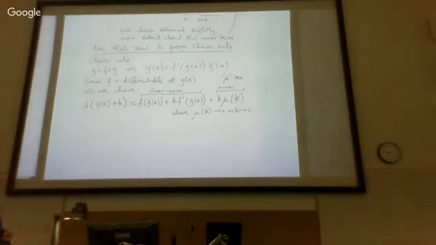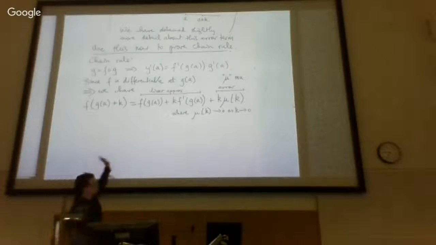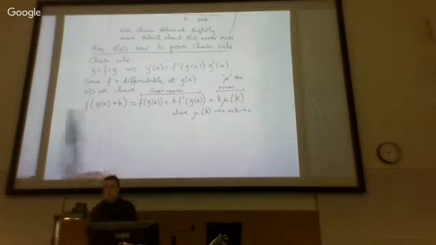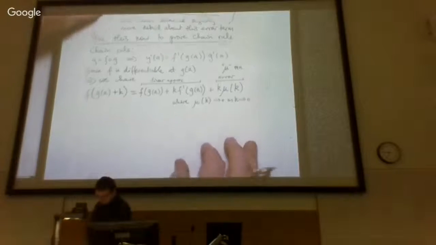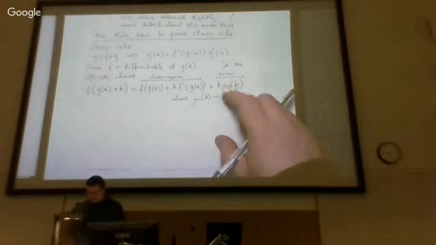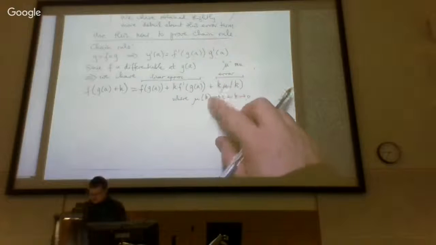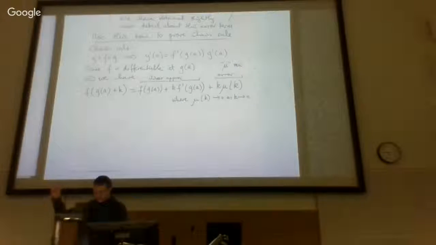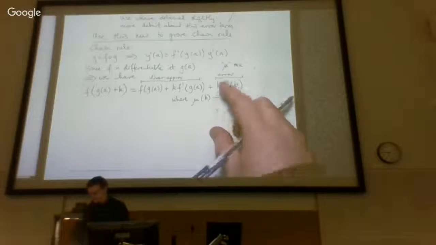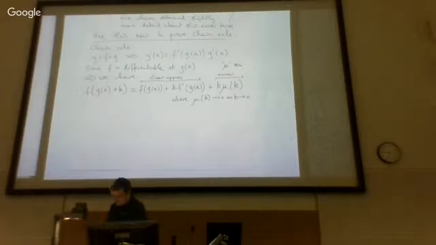So we're assuming that f is differentiable at a. Sorry, f is differentiable at g of a. So we have this expression available to us for evaluating f at a point close to g of a. So you write the Greek letter mu as like our u, but with a long leading upstroke there. Okay.